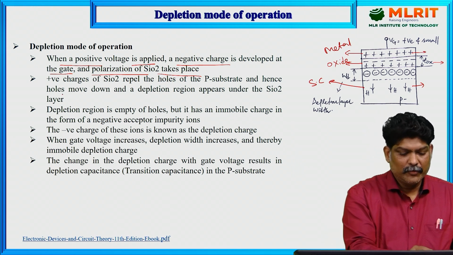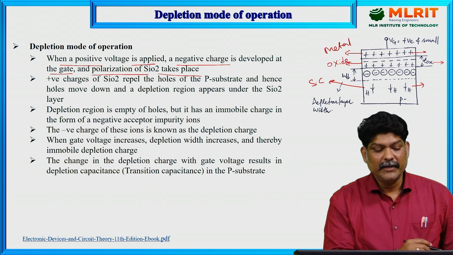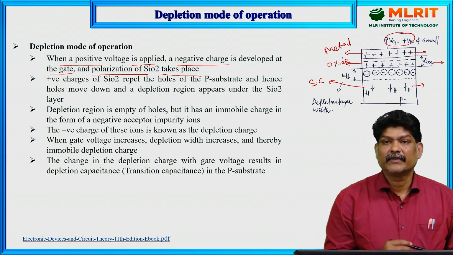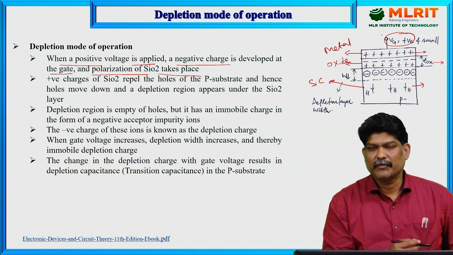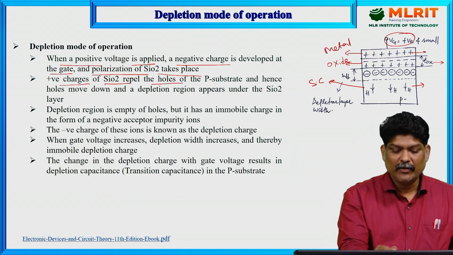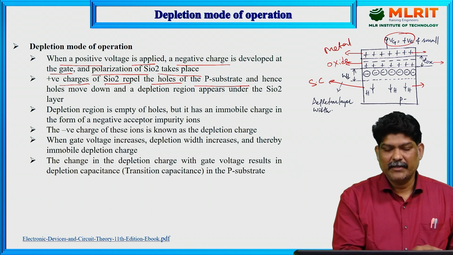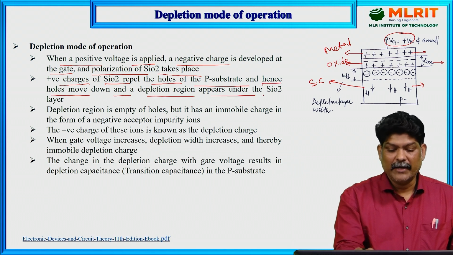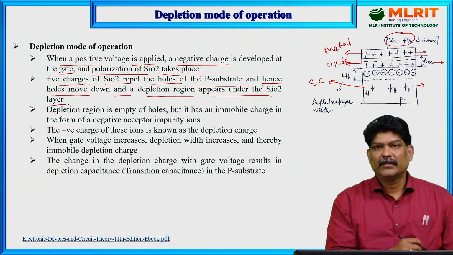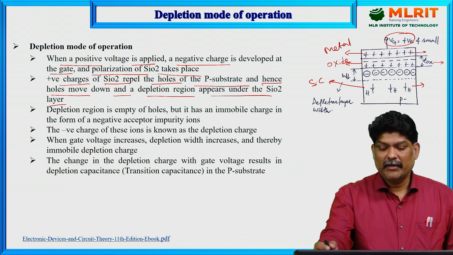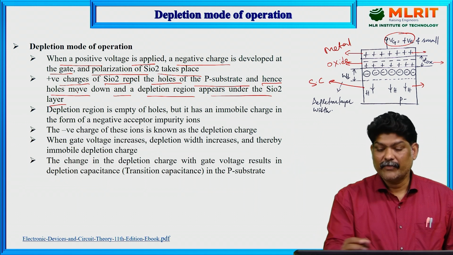Now in depletion mode of operation, we apply a positive gate voltage, a very small voltage. Positive charges of SiO2 repel the holes of the P substrate, and hence holes move down and a depletion region appears under the SiO2 layer. As we know, like poles repel each other.